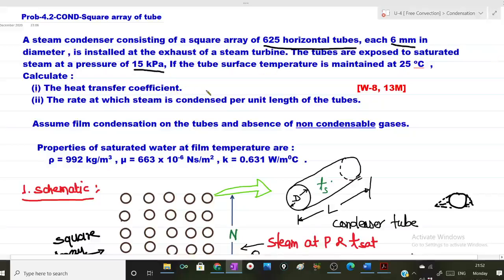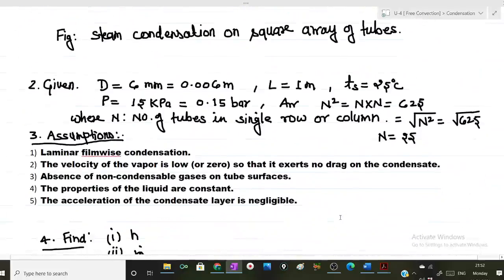Steam is at a pressure of 15 kilopascal and the temperature of each horizontal tube is 25 degrees Celsius, and the length of the tube we have to consider is unit meter, and some of the properties of condensate water are given at mean film temperature. So we can enlist: diameter is 6 mm, that is 0.006 meter. Length of each tube is unity, that is 1 meter.